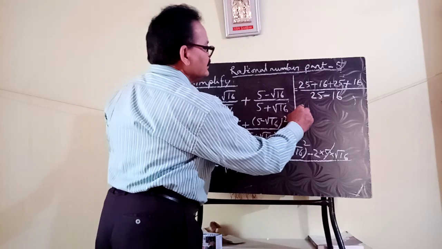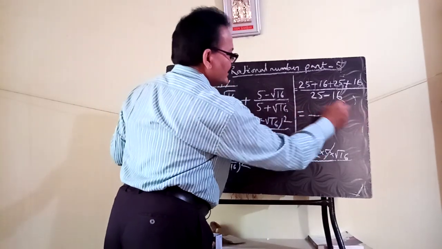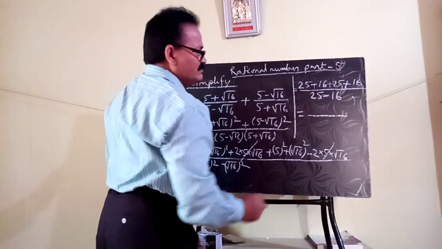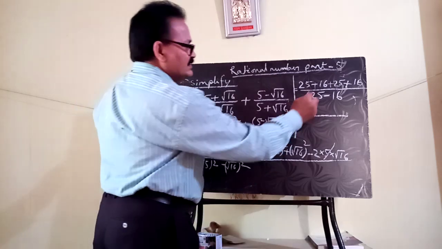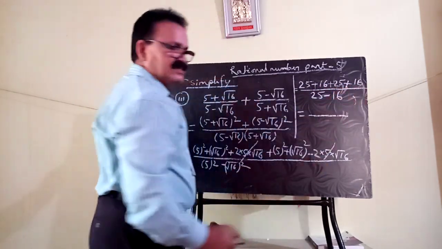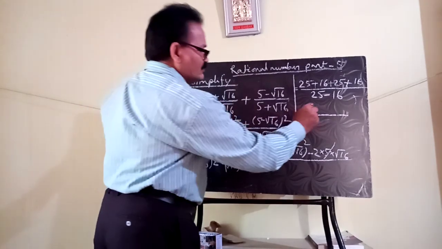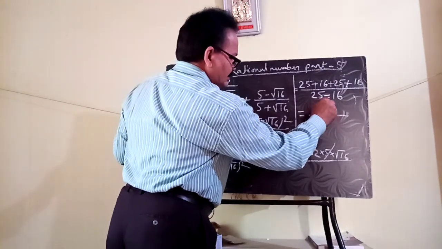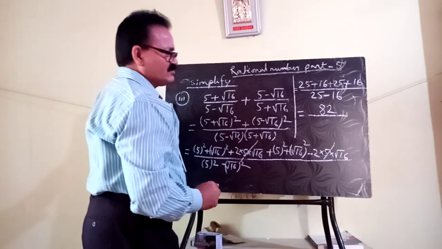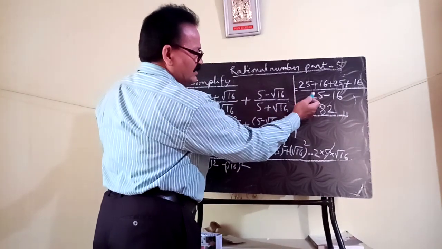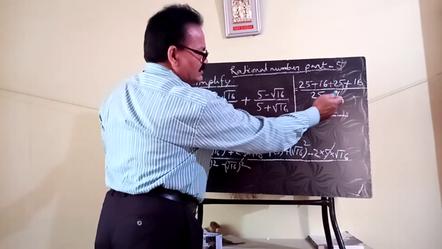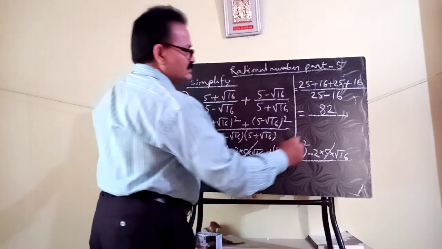So finally, this is your 25 plus 25, 50, and 16 plus 16 is 32. So that means 50 plus 32 is your 82. In the numerator, this is your 82, and 25 minus 16 means this is your 9.